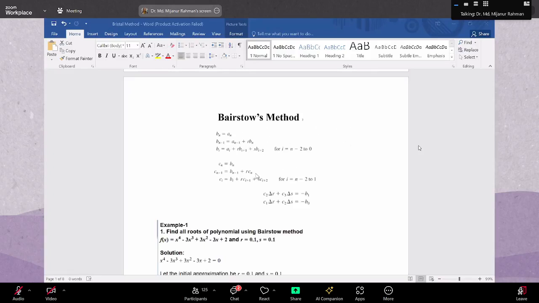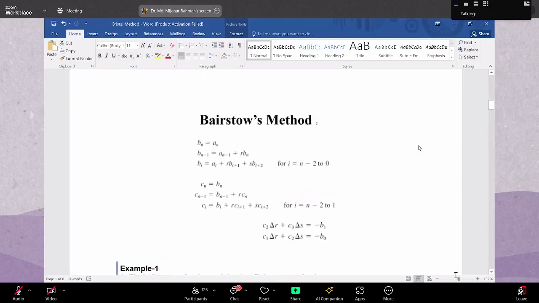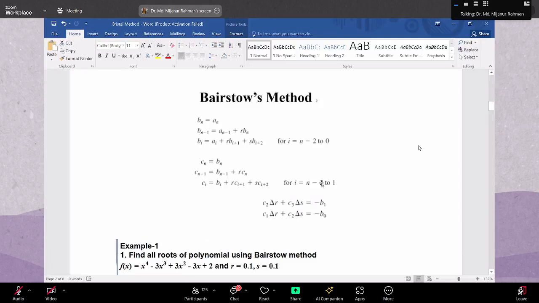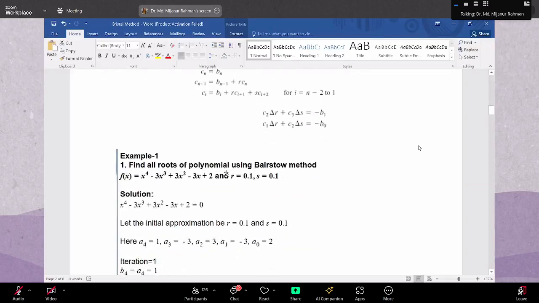In short, these two equations we already used in our previous class. So we have to follow these equations to solve the problem.